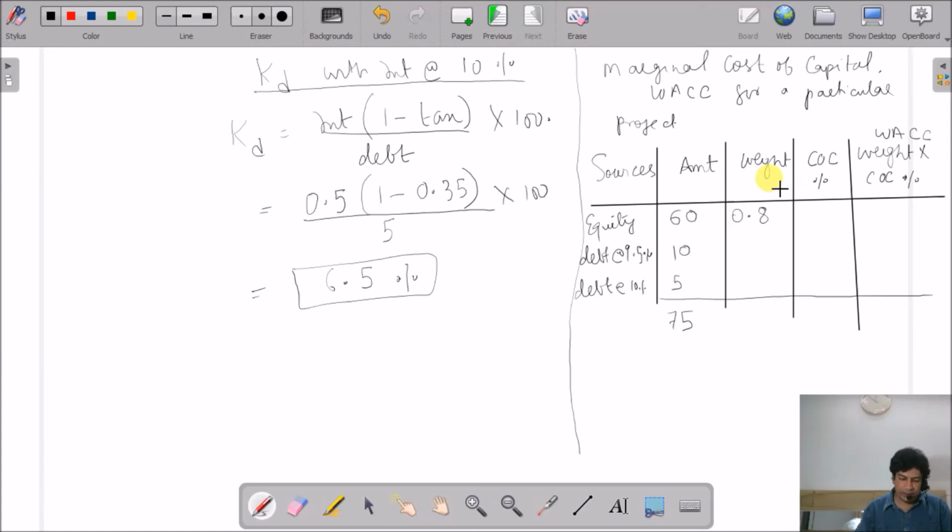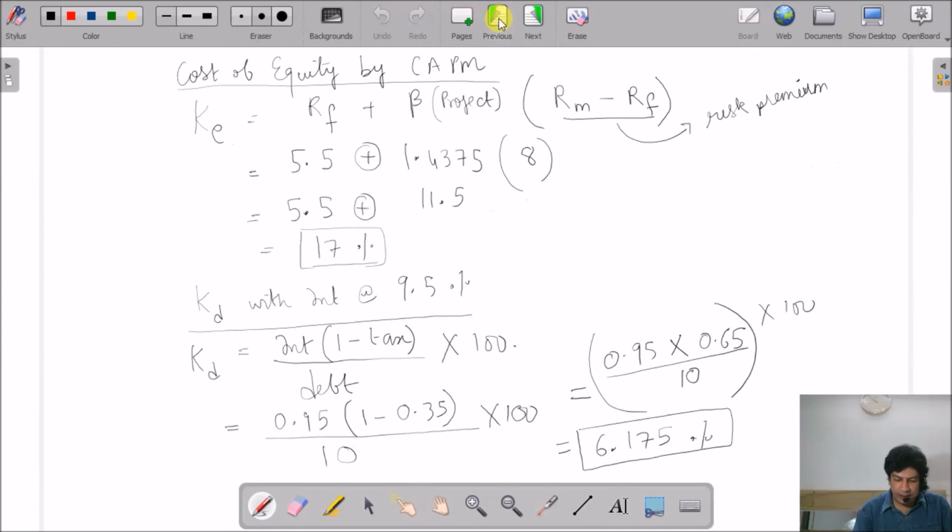10 if I divide by 75, so 0.133, and this I will take as the balancing figure because I've rounded off this part. So 1 minus 0.8 minus 0.133 will give me 0.067. Then the cost of equity is 17%.